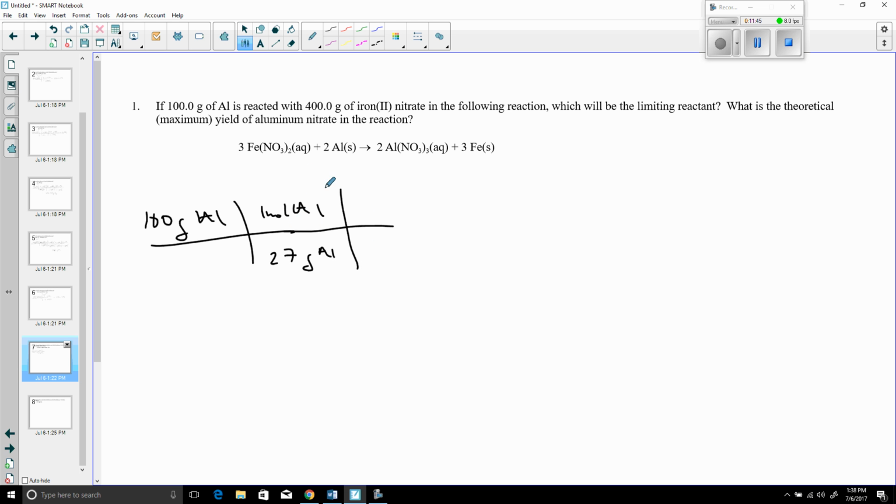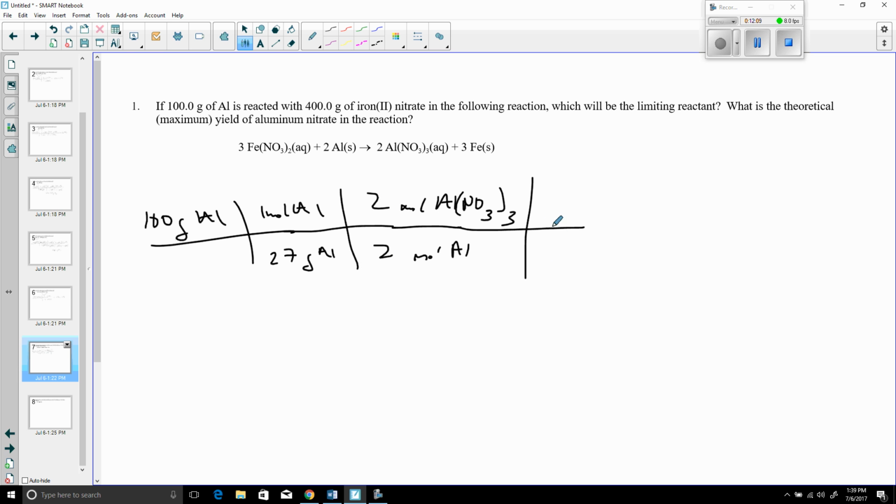And now we're in aluminum, we can relate it to aluminum nitrate, right? So moles of aluminum to moles of aluminum nitrate. And the ratio is 2 to 2. That's very, very nice. Makes things easy. So we don't really have to plug that in the calculator because 2 divided by 2 is equal to 1.